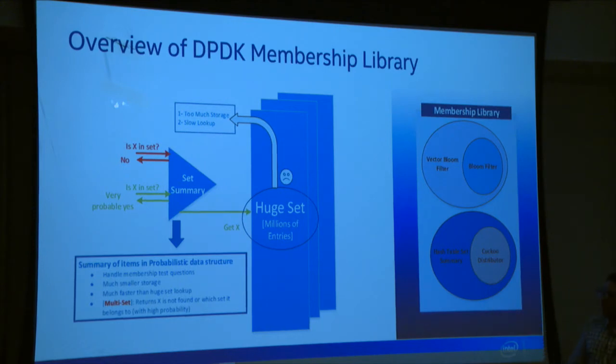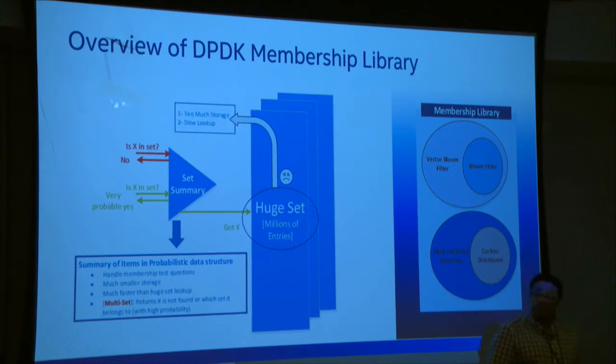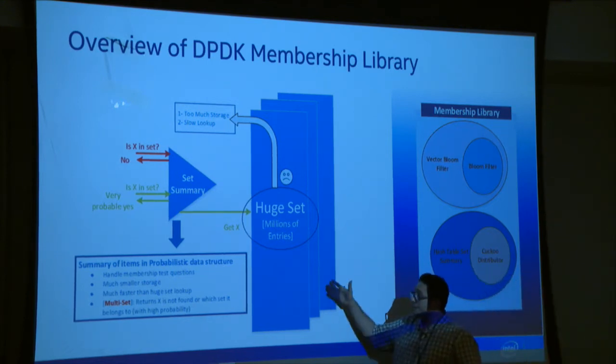The idea again is you have one or more sets. This can be one set or many, and each one of them has millions of entries, and you get an object that you want to test membership against these sets.